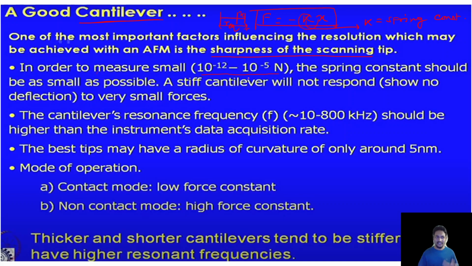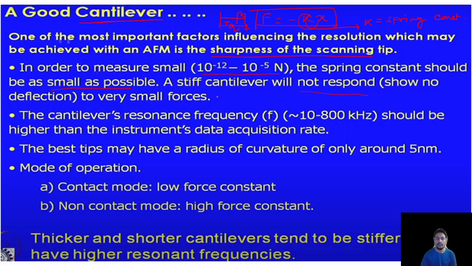So in order to measure a small force, we are obviously going to have a cantilever whose force constant must be as small as possible, because that's when it can sense small changes in the force. A stiff cantilever will not respond, because if the constant is that high, these small forces cannot alter it, it cannot sense at all.